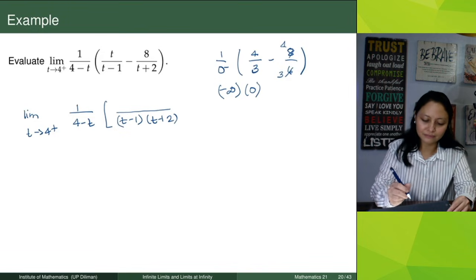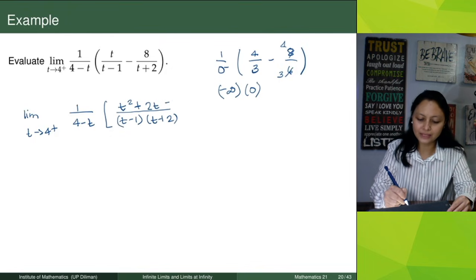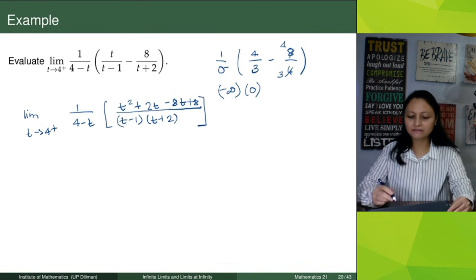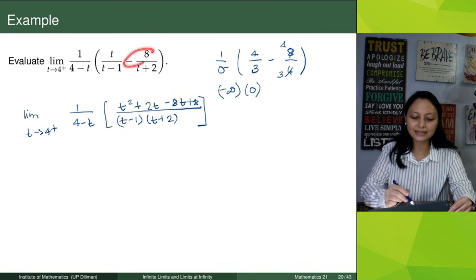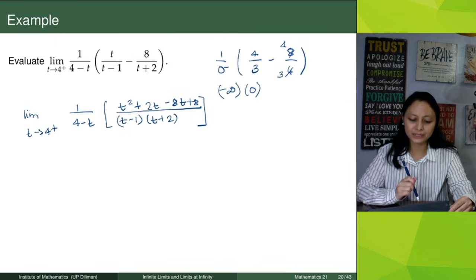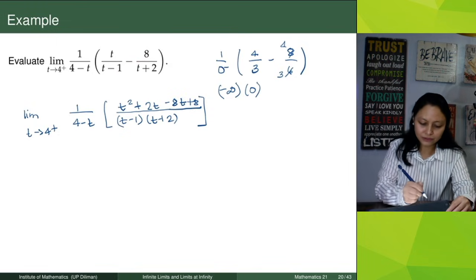Then getting the equivalent fractions, you get t squared plus 2t minus 8t plus 8. Pa-verify na lang ha. So, you multiply negative 8 by t minus 1. That's why you get negative 8t plus 8.